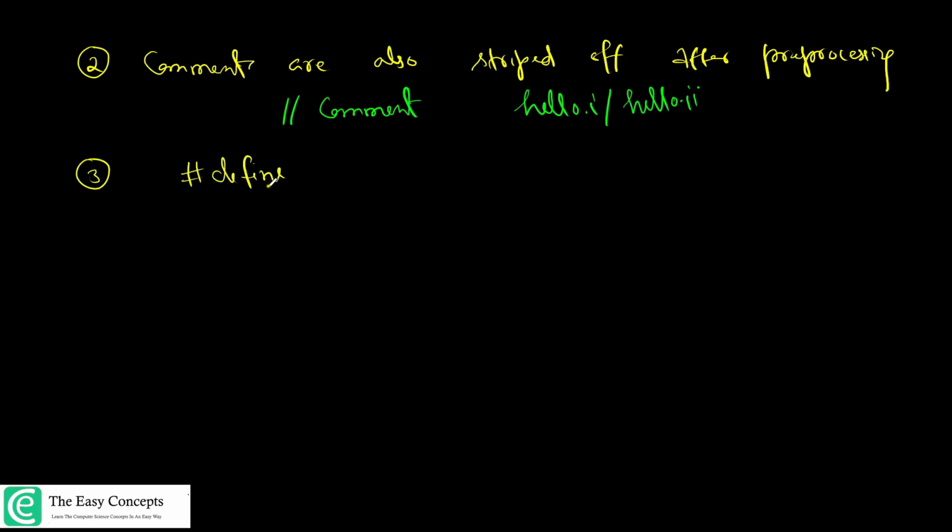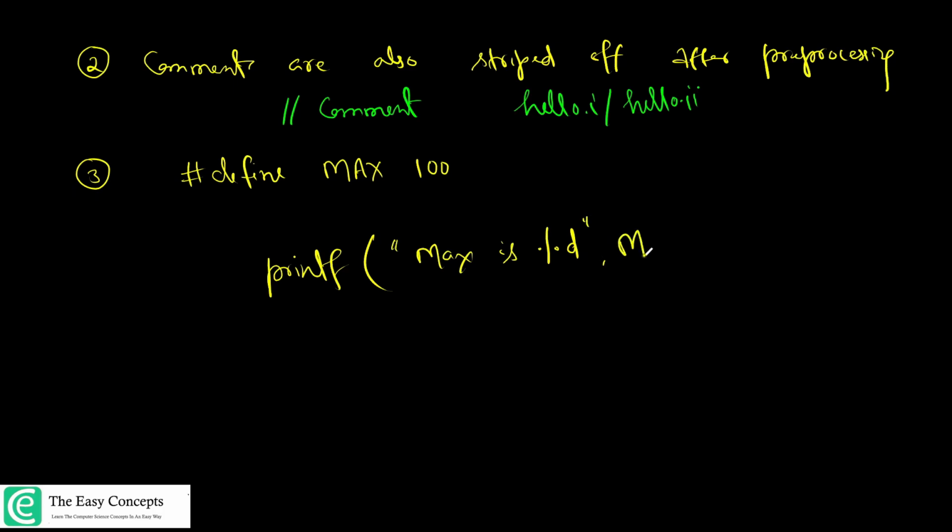Third point, if you use #define for a constant, the preprocessor produces a C program where the defined constant is searched and matching tokens are replaced with the given expression. What does it mean? So suppose you are writing #define MAX 100. So what is it going to do? Let's suppose in your program you have written printf("MAX is %d", MAX).